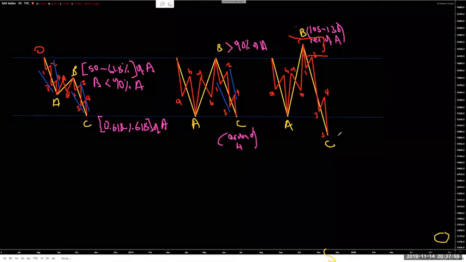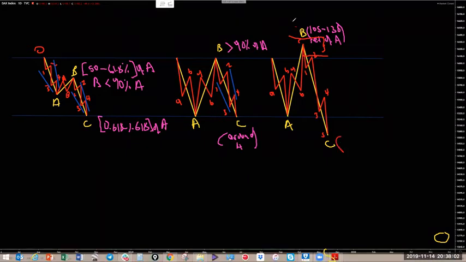The maximum length of wave C is 1.618 extension of A. I'll show you how to do that with the fib tool now. So your C must be a maximum of 1.618. It must be below A and a maximum of 1.618.